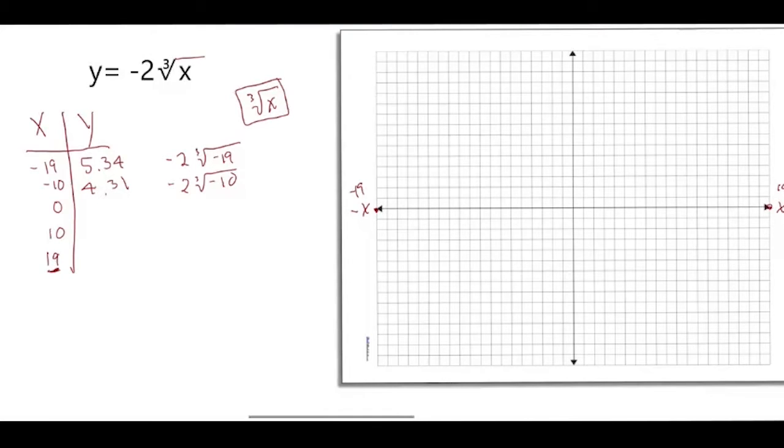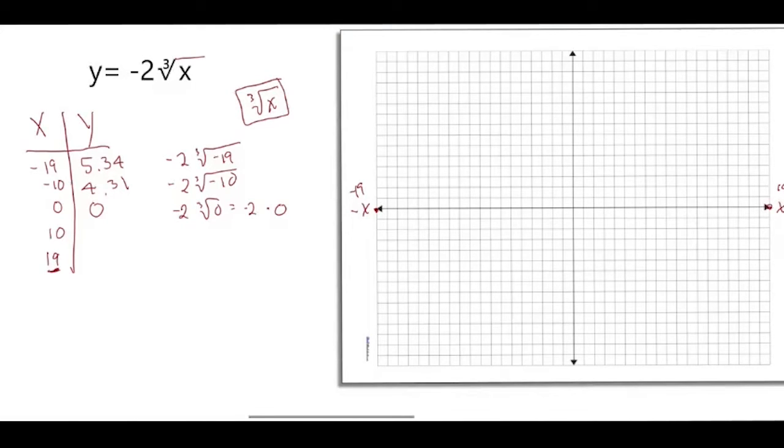Now 0, if I do -2 times the cube root of 0, that's just 0. So we know that right off is going to be 0. All right, so now let's do 10. So if I do 10, I do the cube root. Well, that's 2.15443469, and so on and so forth.